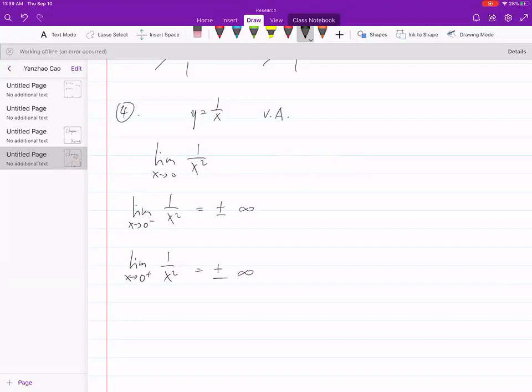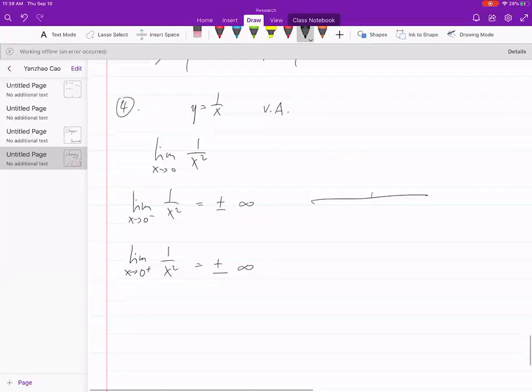Now just figure out. Here is 0. Approaching 0 from the negative side, that means you have something roughly like negative 0.001. You square it, you take 1 over, that's this 1 over x squared. Number 1, this is huge, of course.